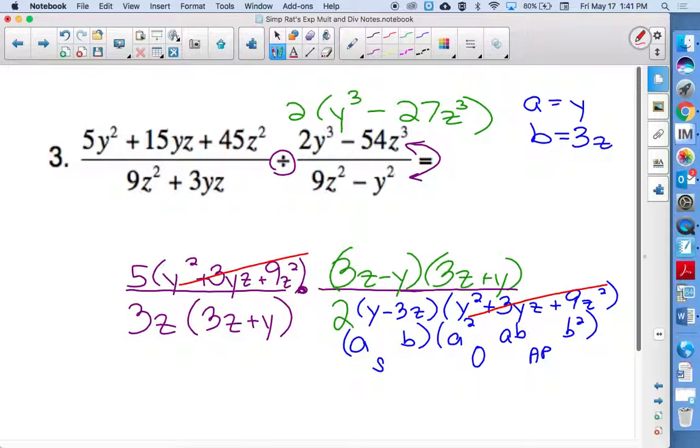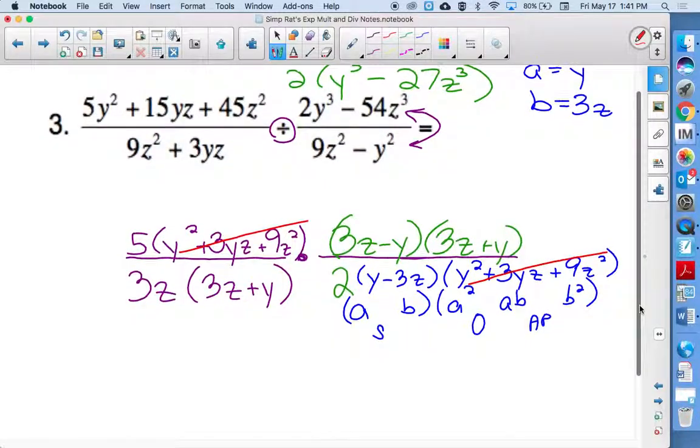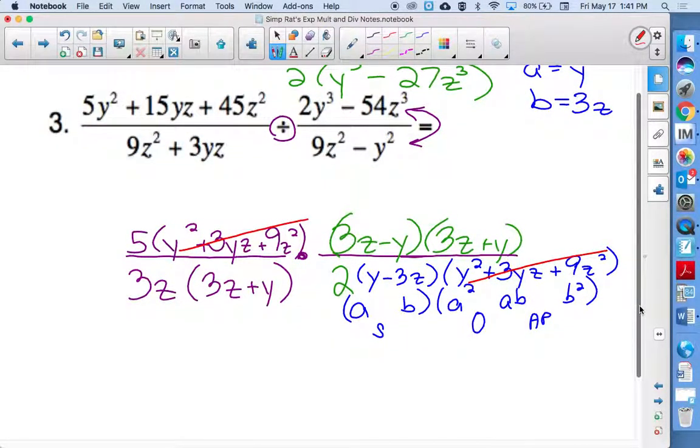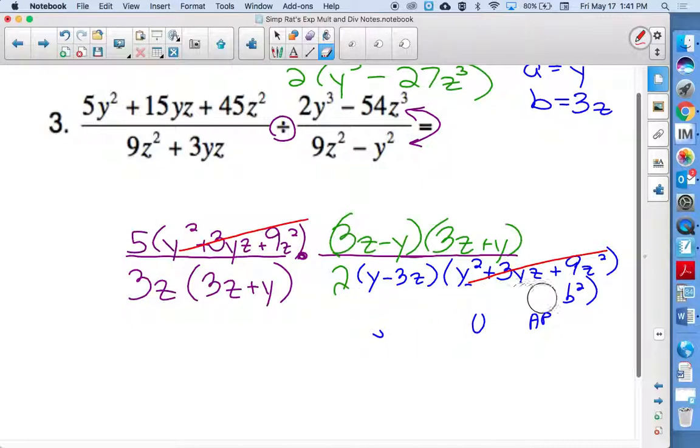If you just continue to cancel, Kayla, what else cancels? Well, you can pull a negative sign out of y minus 3z, and then you can cancel that out from the top. She's looking at this bottom piece here. The top has a 3z minus y.